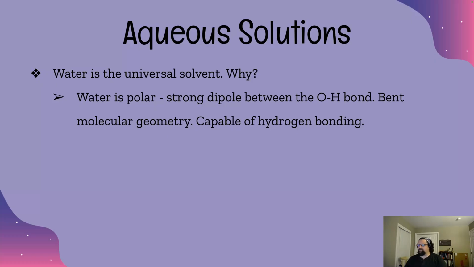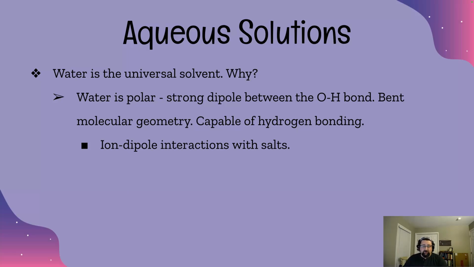Because of that bent structure, because of the oxygen and hydrogen, we get hydrogen bonding, which allows an ion-dipole interaction, which we have talked about in class.